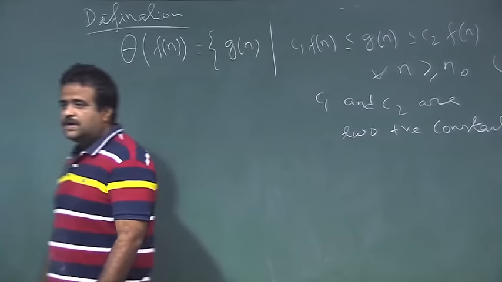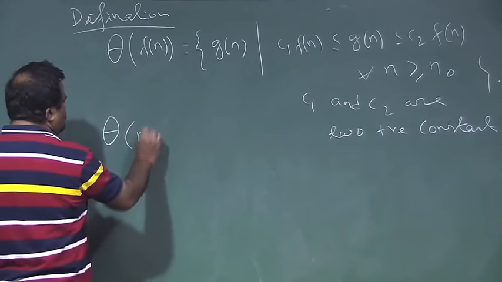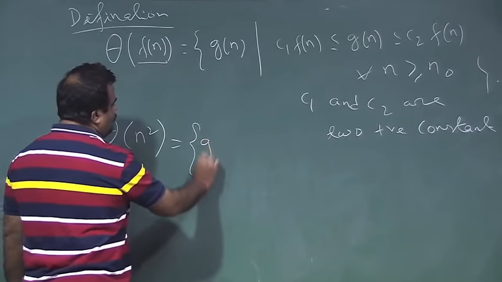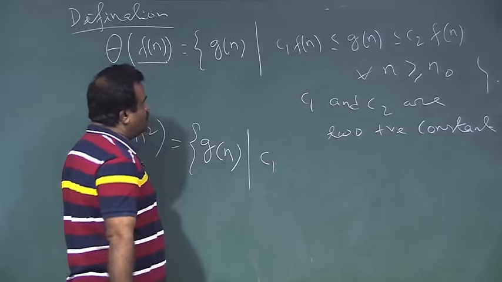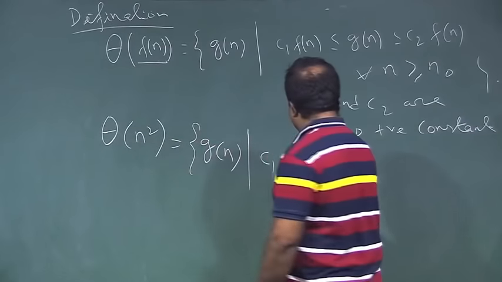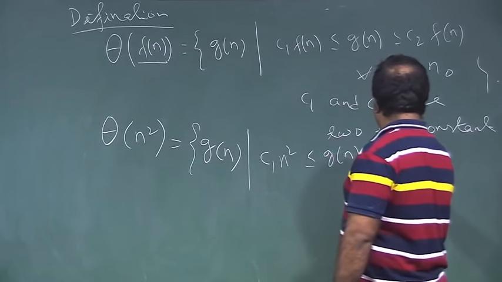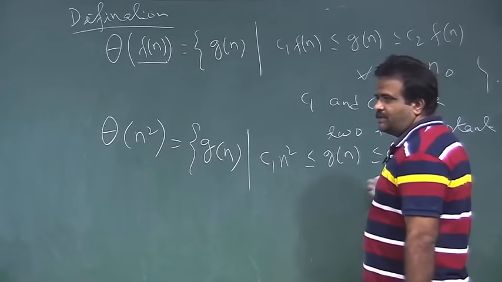For example, big theta of n square: if f of n is n square, then it is the set of all functions g of n such that we must have two positive constants c1 and c2 such that c1 n square is less than or equal to g of n, which is less than or equal to c2 n square, for all n after some n0.